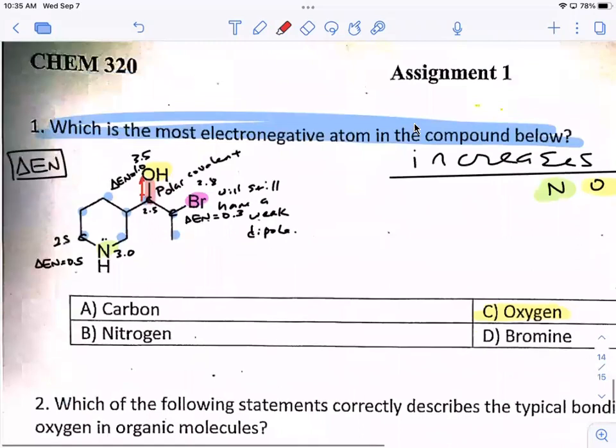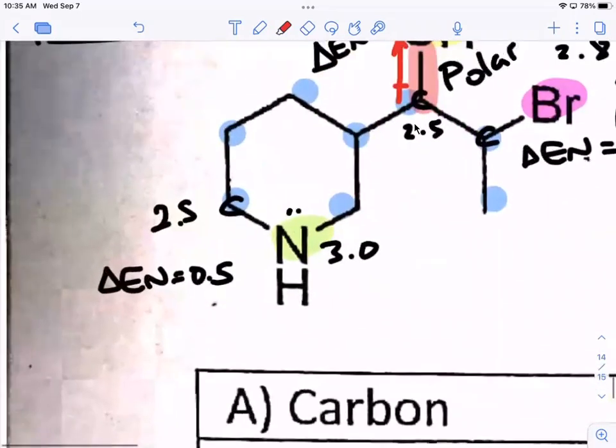So for the sake of this discussion, let's say that it is non-polar. Even though you probably will still have a weak dipole, actually not too weak, a pretty decent dipole towards nitrogen.